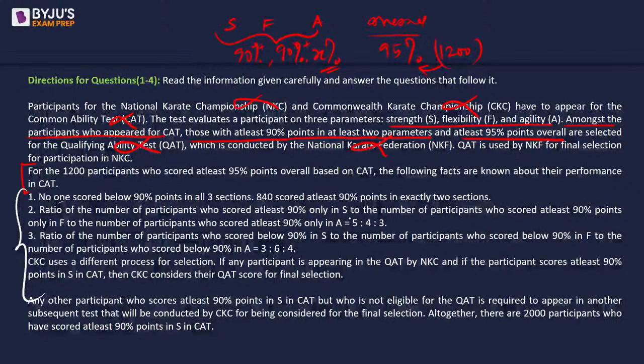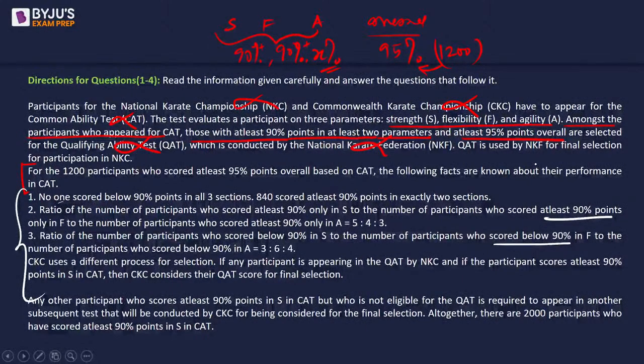So अगर आप देखोगे ना, तो there are 3 parameters and either the person will score at least 90% points or will score below 90% points, right? तो 2 cases हैं, या तो उससे ज्यादा होगा या उससे कम होगा. And a person may score at least 90% points in 2 of the 3 sections or 3 parameters, maybe one of the 3 parameters.